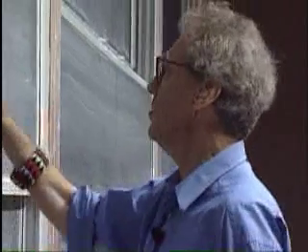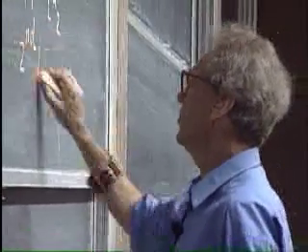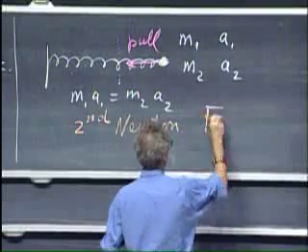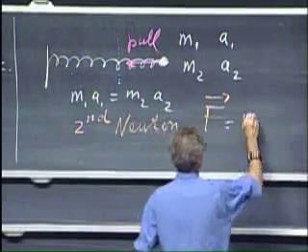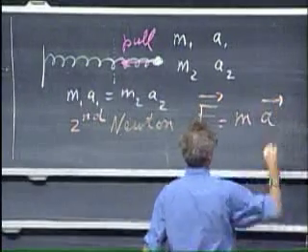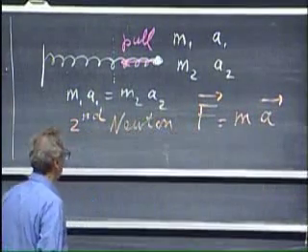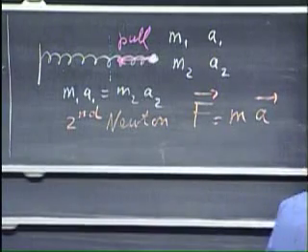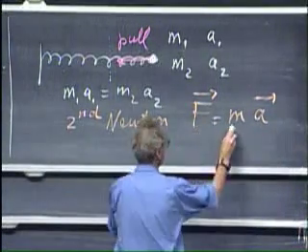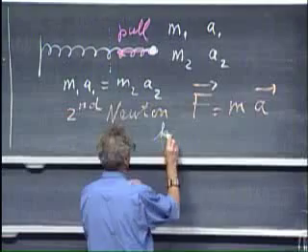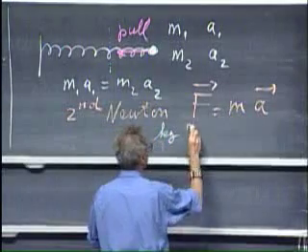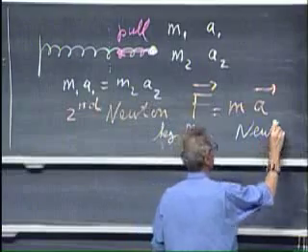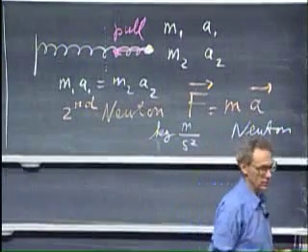This is the second law by Newton, perhaps the most important law in all of physics, but certainly in all of 801. F equals ma. The units of this force are kilograms times meters per second squared. In honor of the great man, we call that 1 Newton.